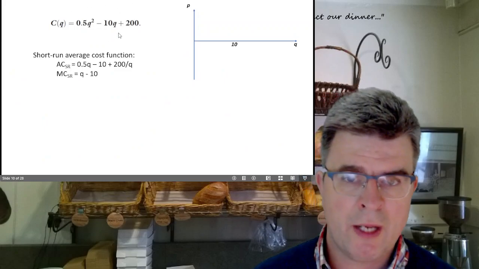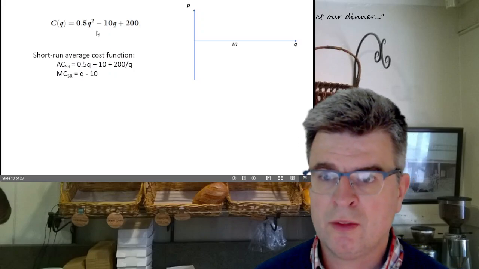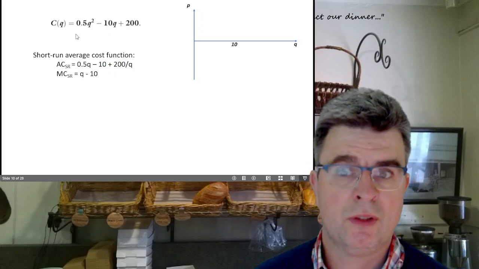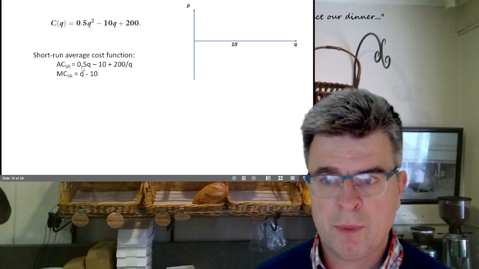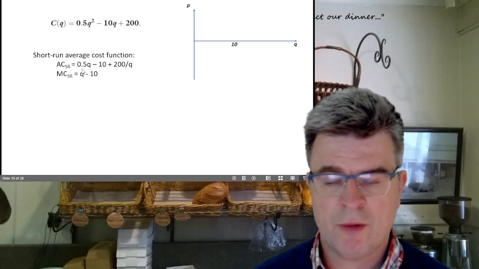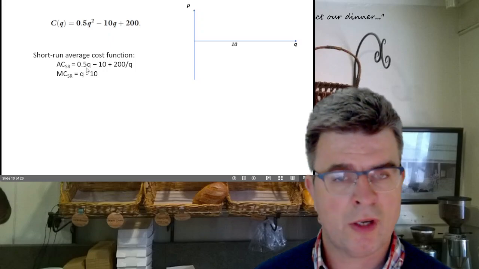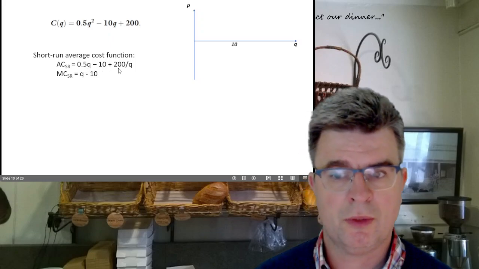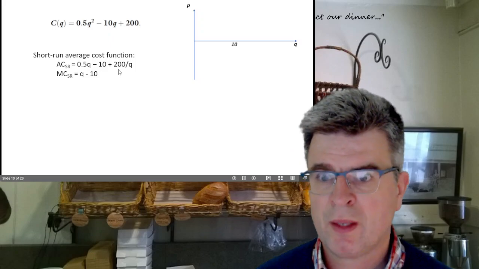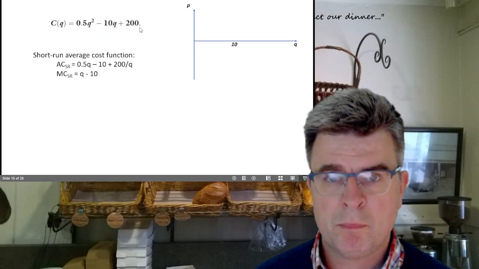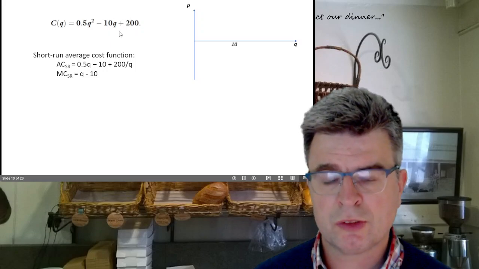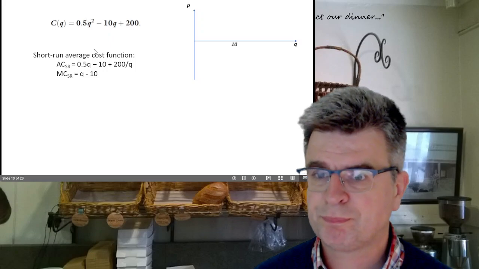And the short run average cost function is identical to the total cost in the short run divided by Q. So we divide each element by Q, and we get this average cost function, 0.5Q minus 10 plus 200 divided by Q. And this is the fixed cost, and this is the variable cost, so this doesn't depend on Q, this does depend on Q.